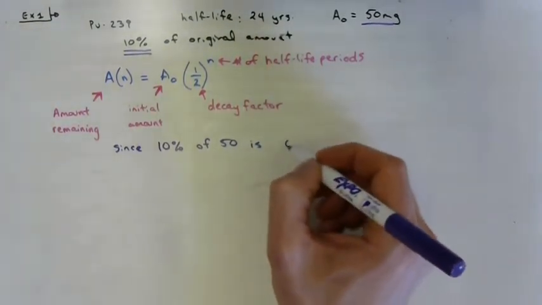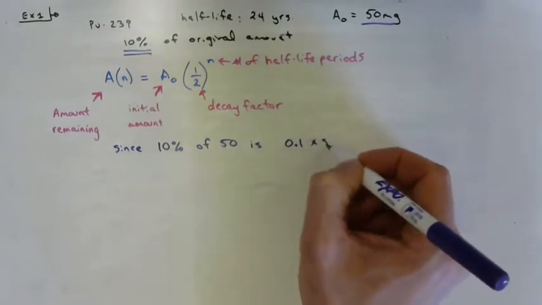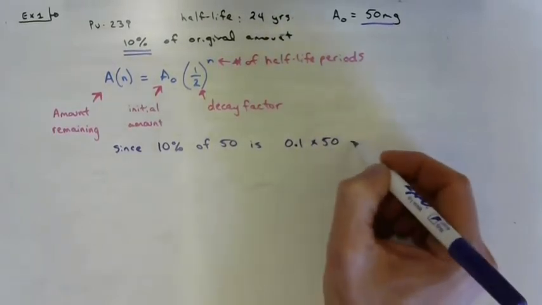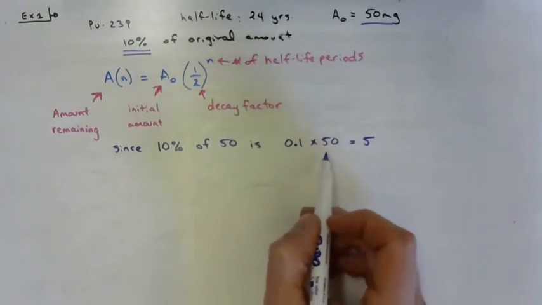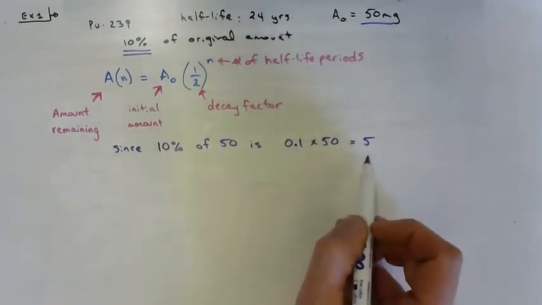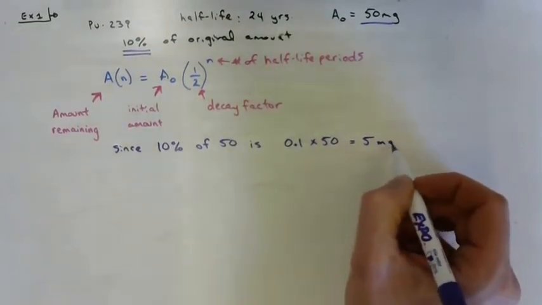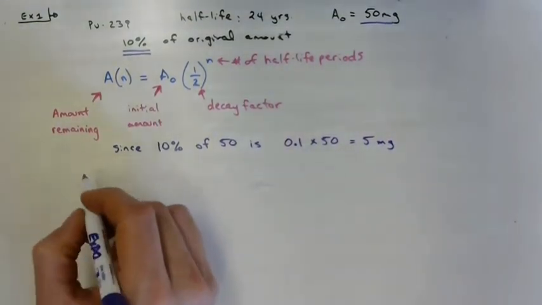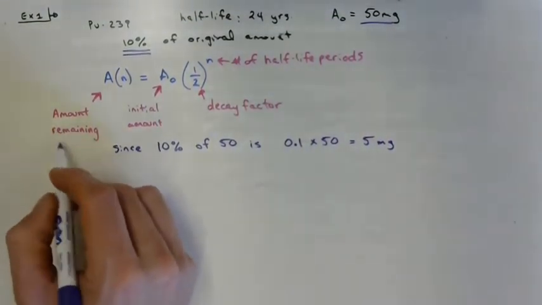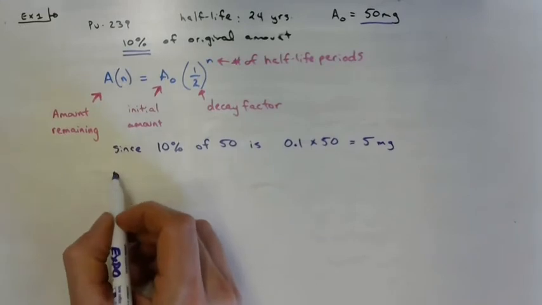So 10% is 0.1 as a decimal times 50, which basically means take 50 and divide it by 10. It's 5 milligrams. So our amount remaining that we're aiming for is 5.